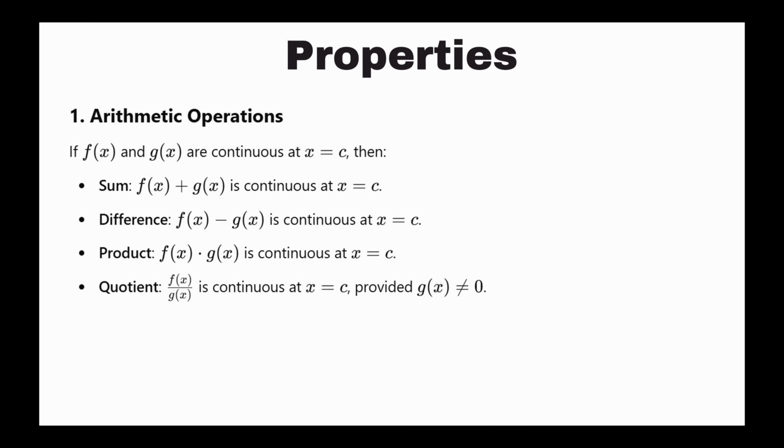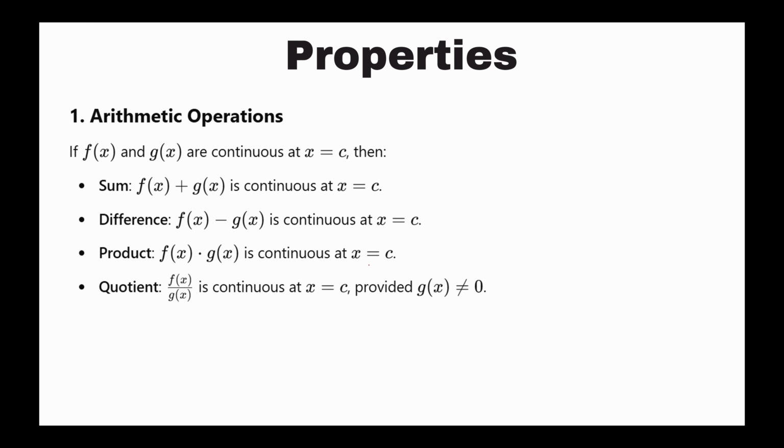Now again, a few properties. Let's say I have two functions, f of x and g of x, and both of them are continuous at a point. Then what are the other properties that I can come out of these two pieces of information? The sum of f of x and g of x is also going to be continuous at x equals c. Their difference is also going to be continuous at that point.